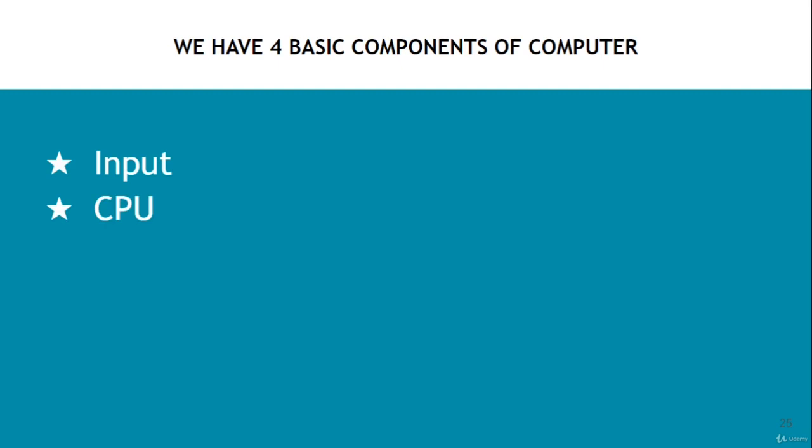The next thing we have is the CPU, or Central Processing Unit. It's sort of the brain of the computer: the data that you give to your computer, it checks out and processes that information and gives you the result. So that's the CPU. The next thing is output.